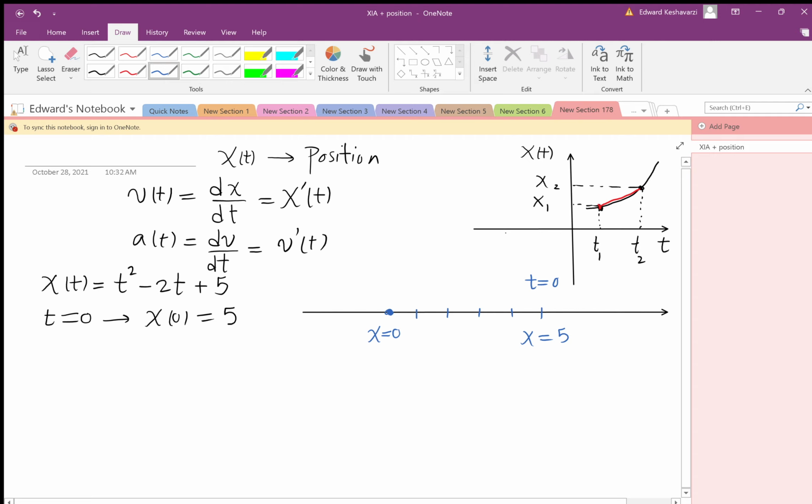So what happens after, for example, 1 second, or it depends on what unit of time we are dealing with. But let's say 1 second. So x of 1 is going to be 1 minus 2 plus 5, which is 4. So it means when t equals 1, after 1 second, you are getting back to 4 here.